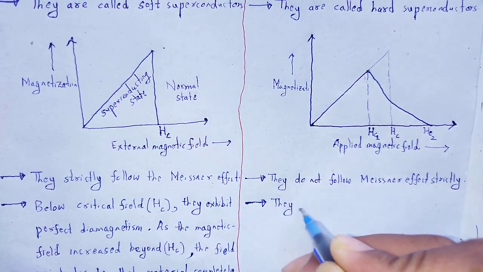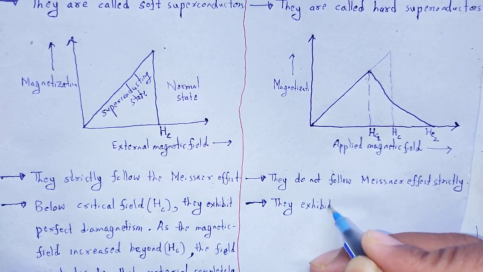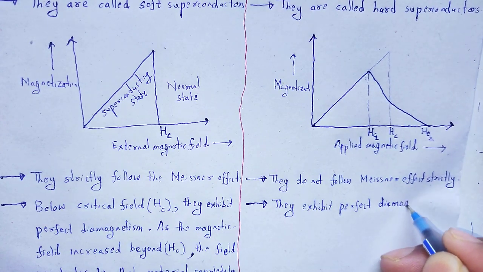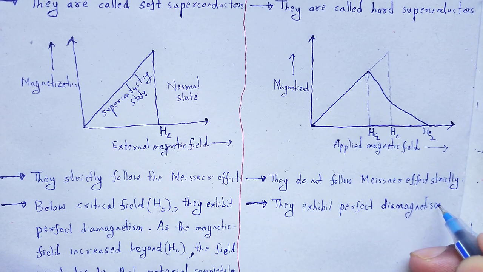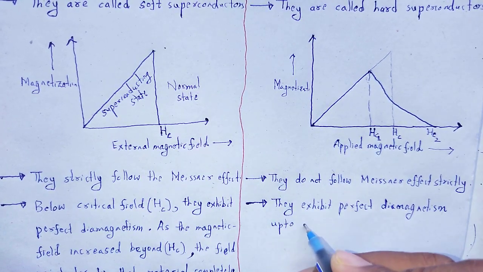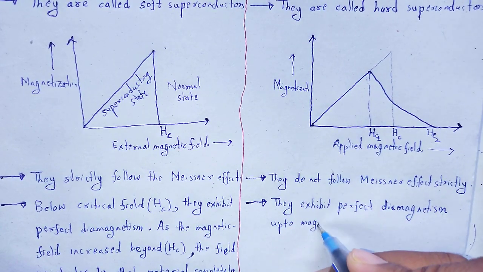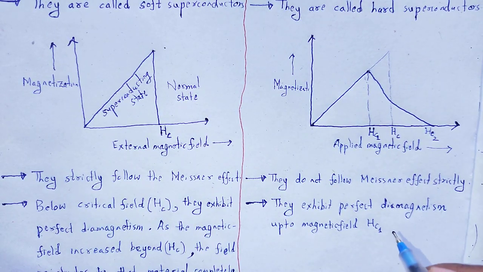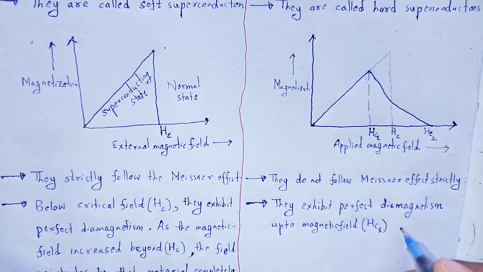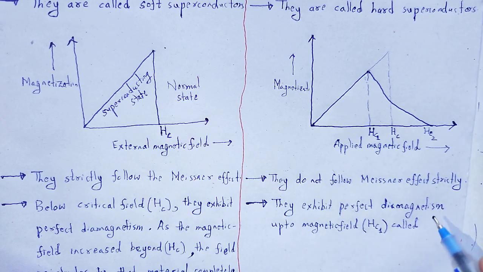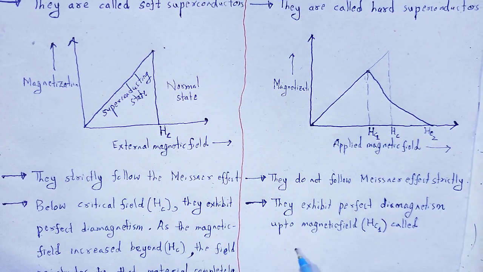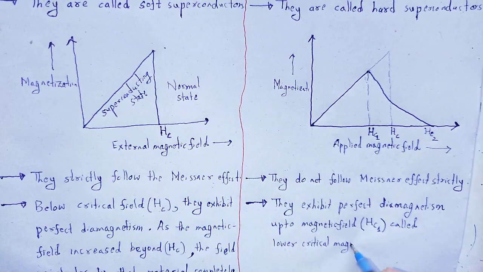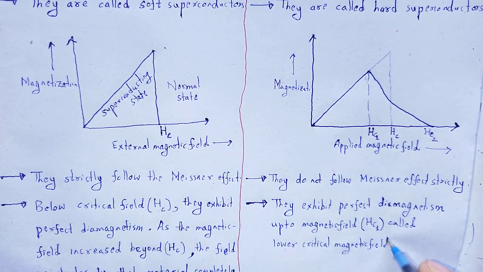They exhibit perfect diamagnetism up to magnetic field Hc1, which is called the lower critical magnetic field Hc1.